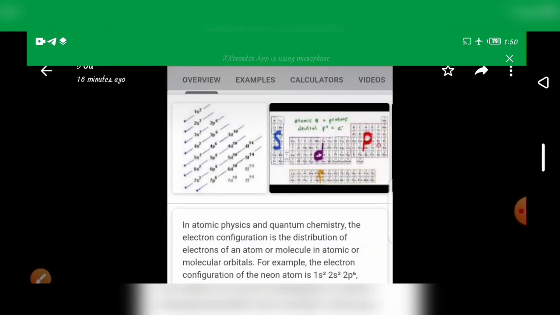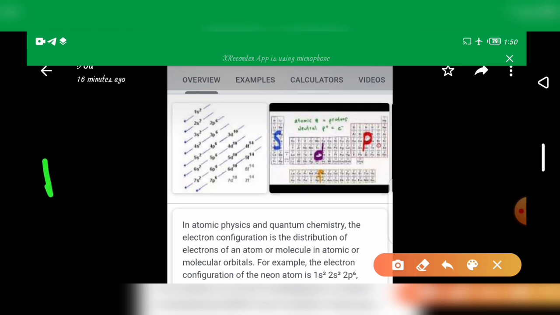In atomic physics and quantum chemistry, the electronic configuration is the distribution of electrons of an atom or a molecule in atomic or molecular orbitals. For example, take the electronic configuration of the neon atom. Neon has atomic number 10.